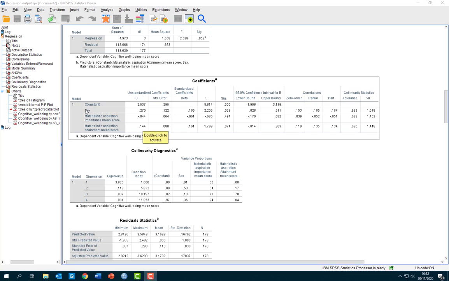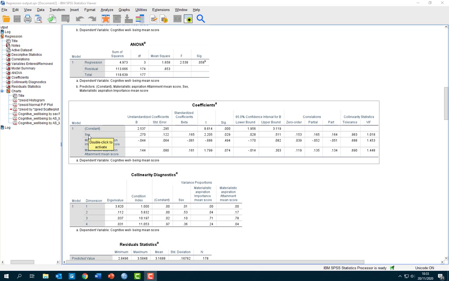If we cast our mind back to how we interpret a dichotomous predictor with regression, and if you're struggling to do that, then look back at that regression lecture. We have to remember how we scored our variables. If we have a look back at our data set, what we'd see is that males were coded as 1, and females were coded as 2.